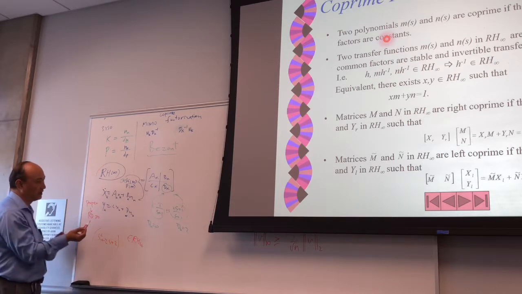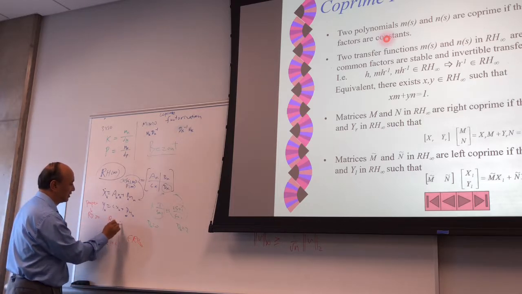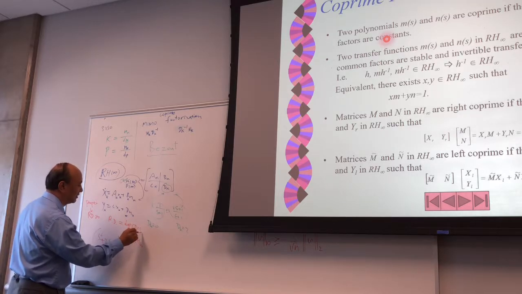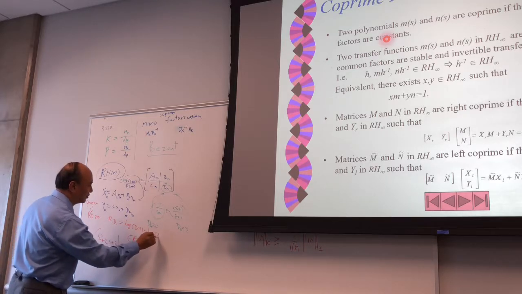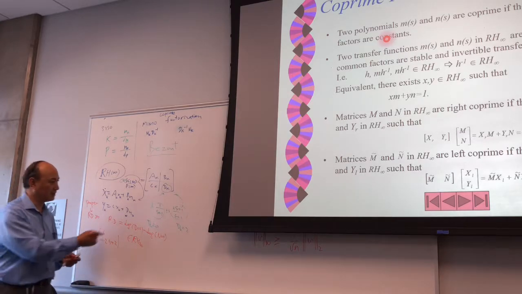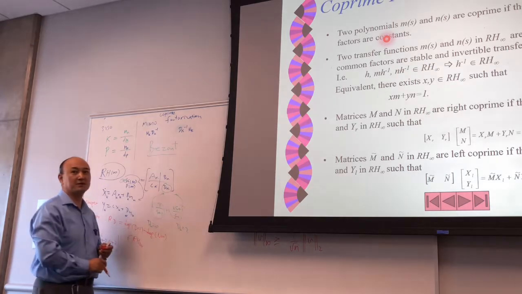So relative degree is defined as the degree of the denominator minus the degree of the numerator. In this case, the relative degree is 1 minus 0, which is 1.